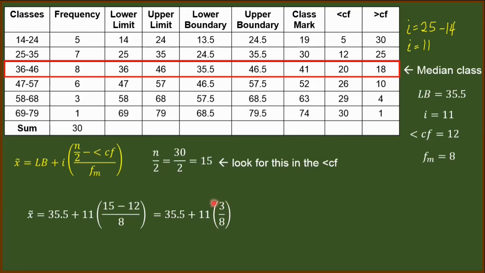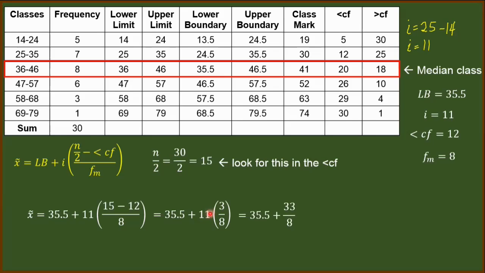By the way, in solving for the median, it is important to note that we should not round off the values in our solution, meaning the final answer should be the only number which we will round off. In this case, what I mean is we will not change 3 over 8 into a decimal. We will leave it as a fraction like this. 3 over 8, we directly multiply it to 11.